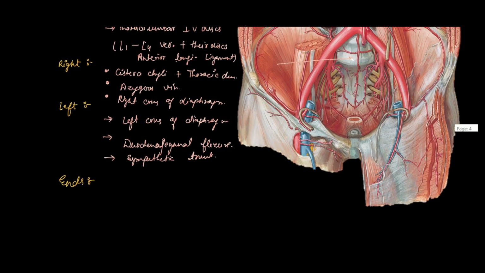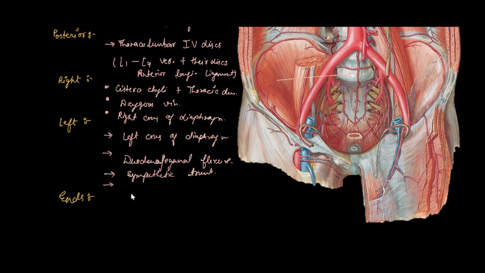And the last part which lies just left to the abdominal aorta was the ascending duodenum with inferior mesenteric vessels.